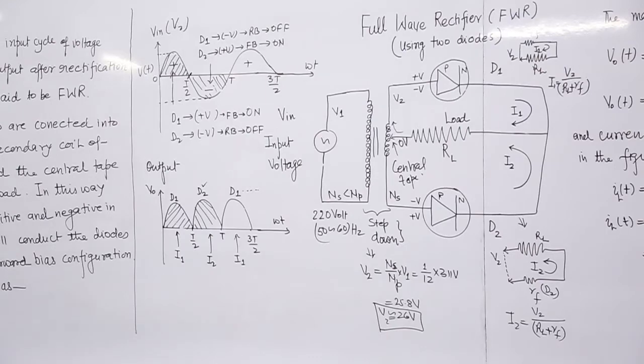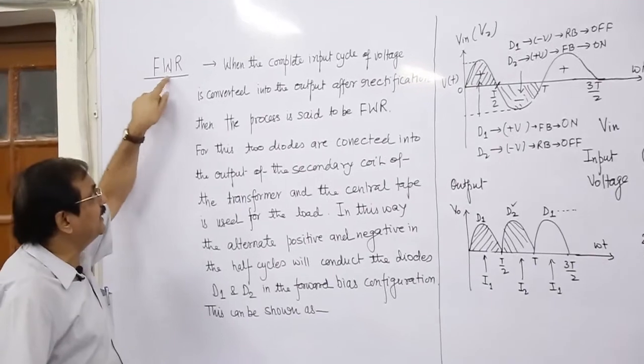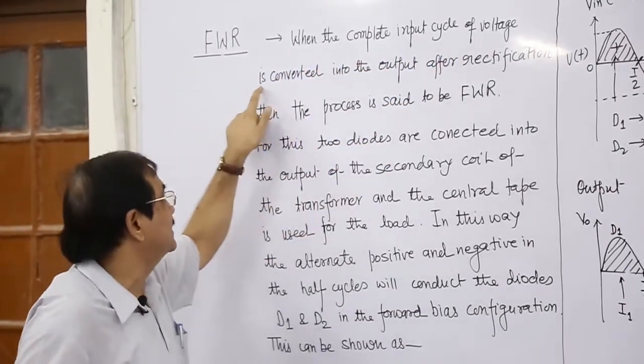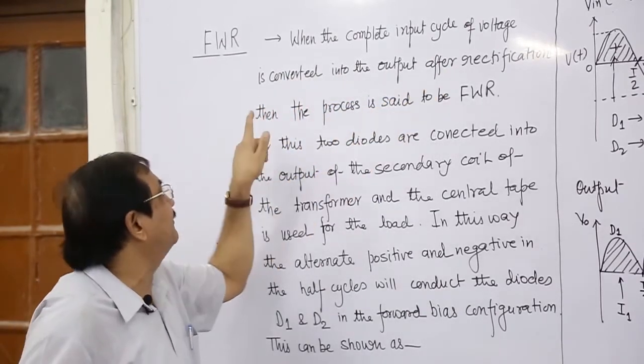So, how can we define a full wave rectifier? A full wave rectifier is defined when the complete input cycle of voltage is converted into the output after rectification.